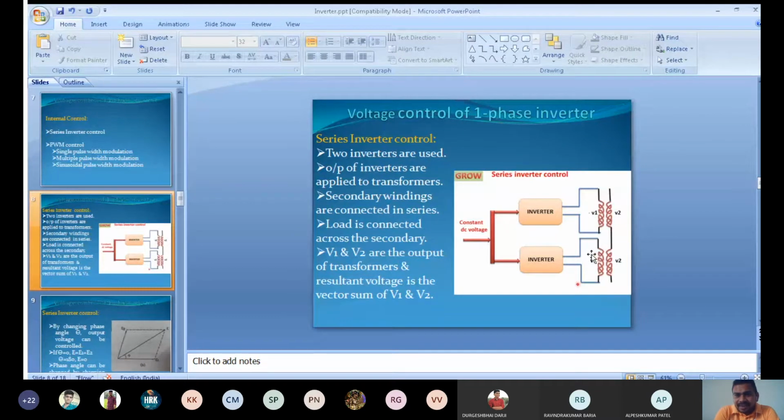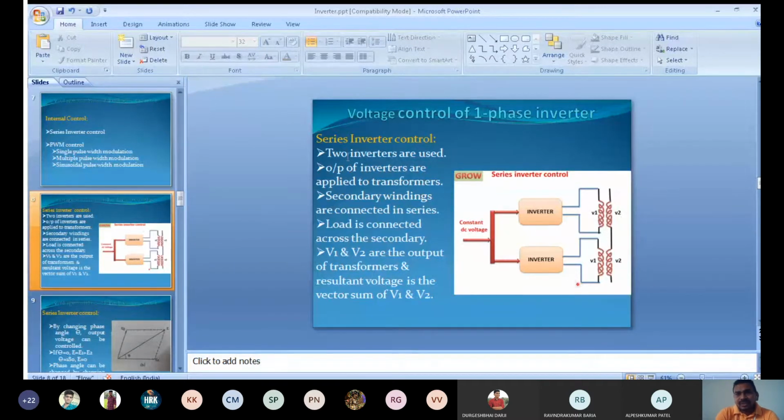Here is the primary winding of the second transformer T2 and this is the secondary winding of the second transformer T2.